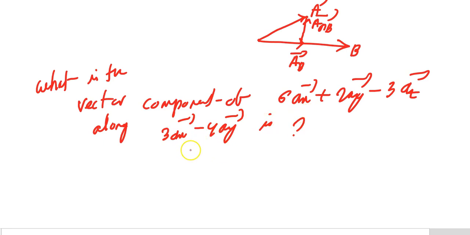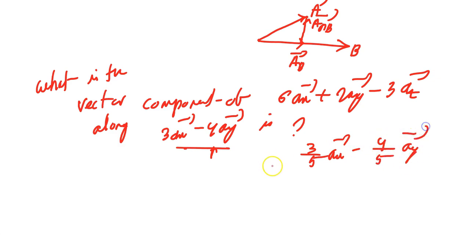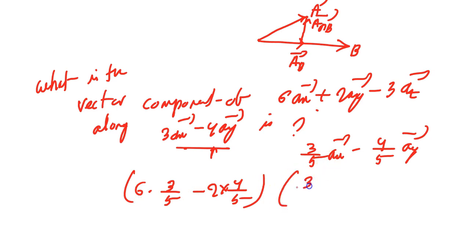So we know the vector component of this. First you find its unit vector. Unit vector of this is 3 upon 5 ax minus 4 upon 5 ay. Okay, now take the dot product. So 6 into 3 upon 5 minus 2 into 4 upon 5, this into the unit vector 3 upon 5 ax minus 4 upon 5 ay.